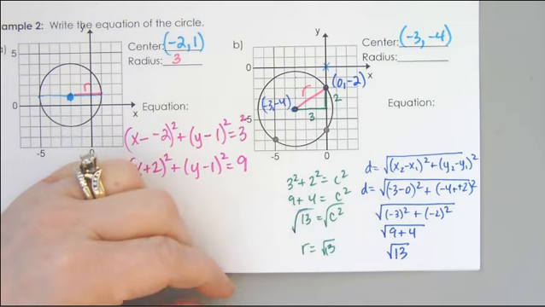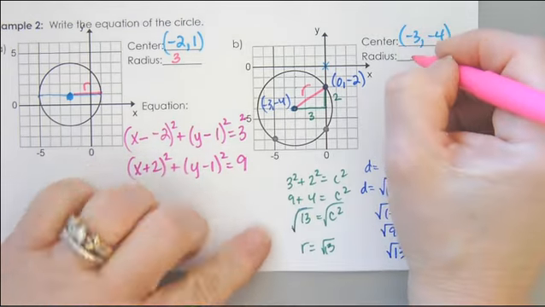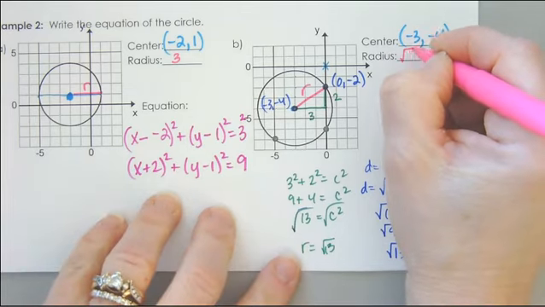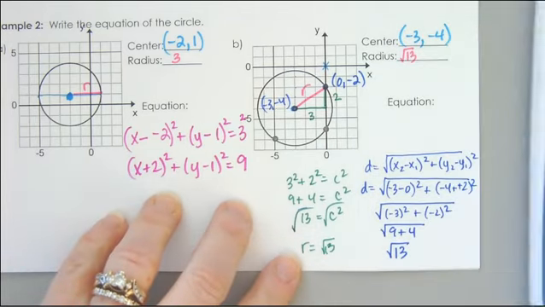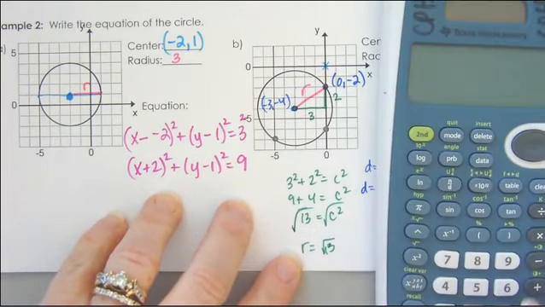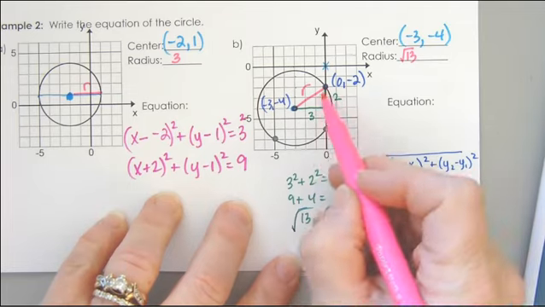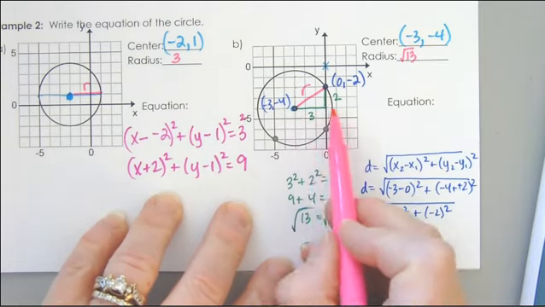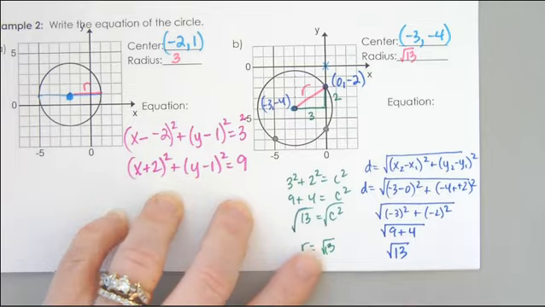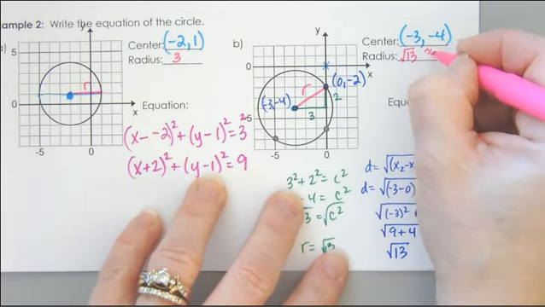All right, finally, to write the equation. We fill in my radius. We figured out that the radius was radical 13. If you're curious to see what that is as a decimal, it's about 3.6. If you count over 3, it looks like about 3.5. So it's about 3.6.